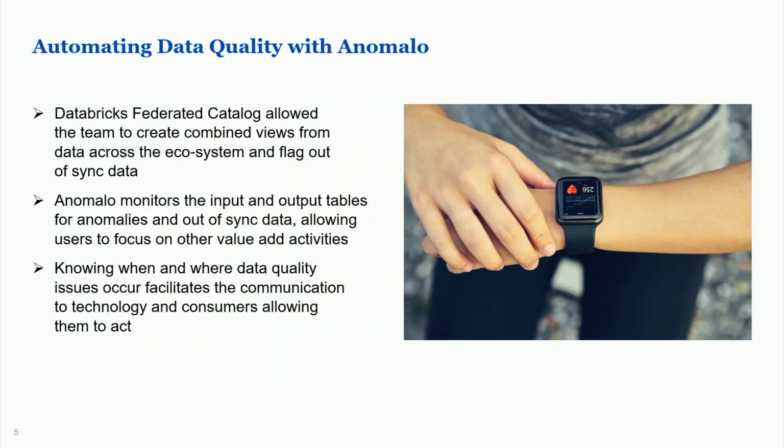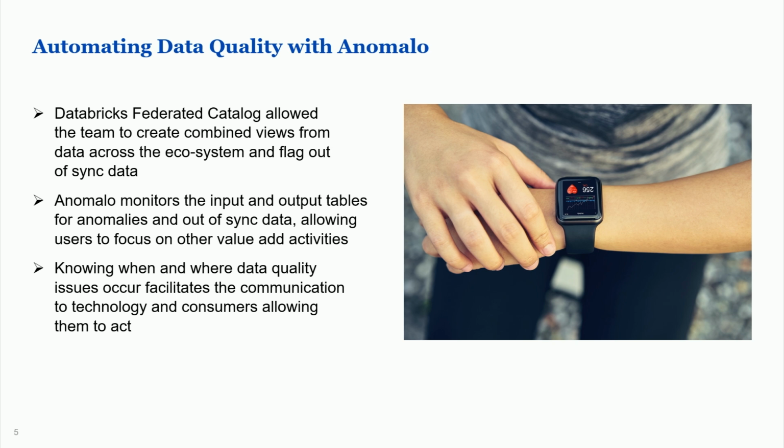All right, so what did we do? We started this process using Dataiku. Databricks was not available at the time, but we used Dataiku to prove out that we could pull in 3 different sources, match up the data, and put a number on top of that. When Databricks Federated Catalog came out, and we wanted to go from a POC into production, our IT team wanted to make sure that it was a hardened process.